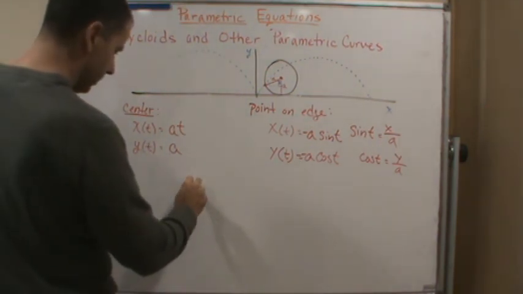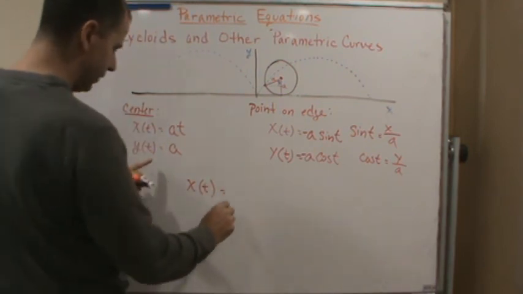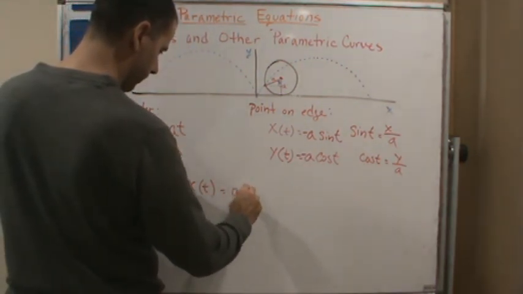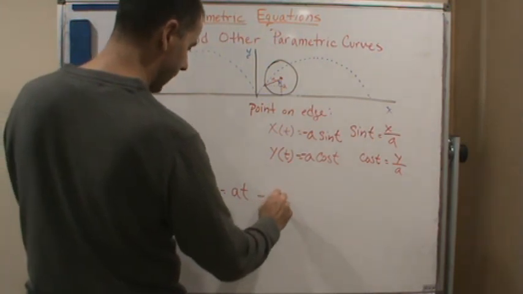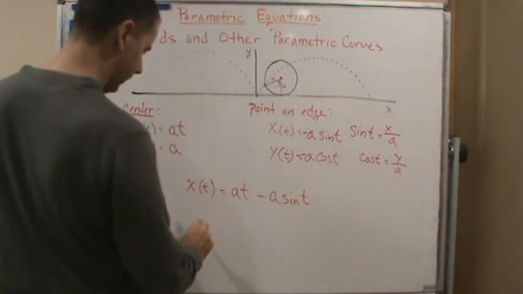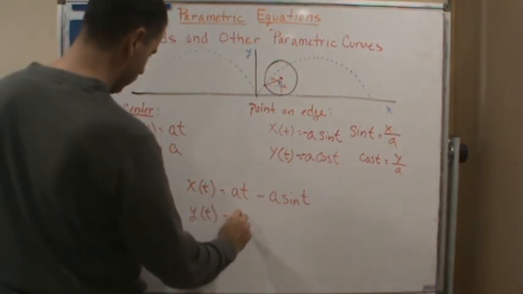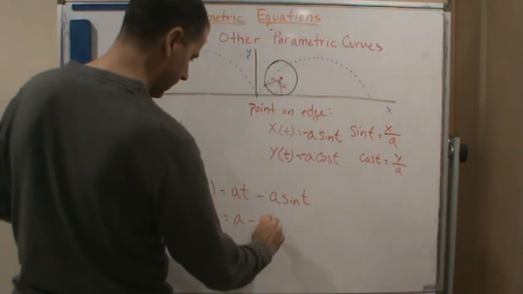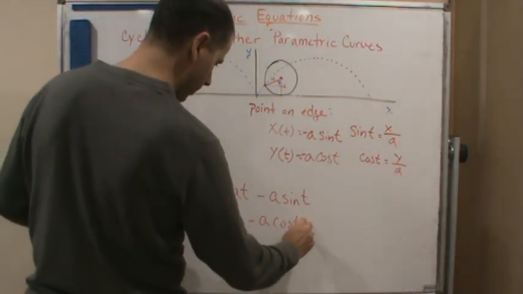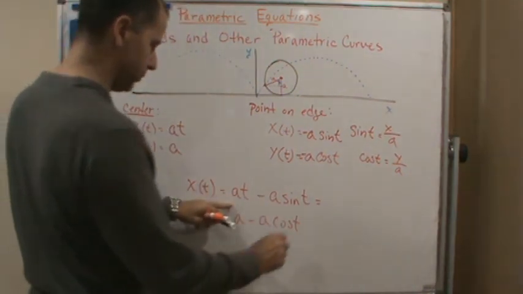So we're going to get x of t equals at minus a sine t, and y of t equals a minus a cosine t. And then of course we get our final result by just factoring out the a.